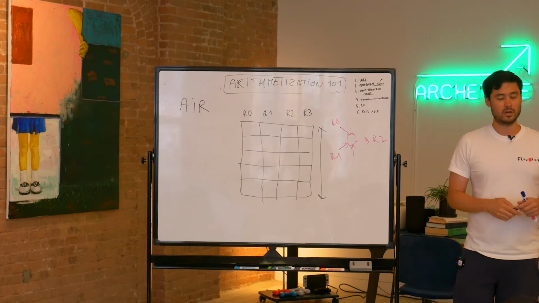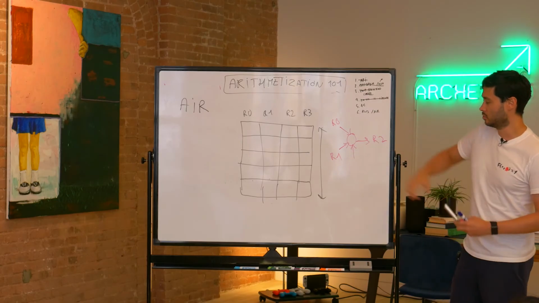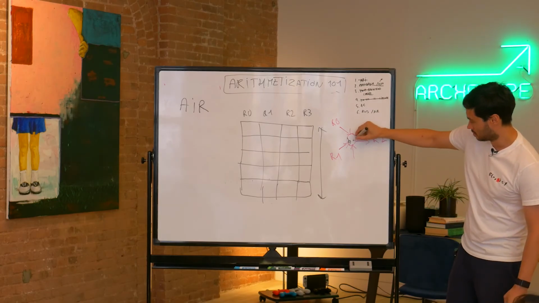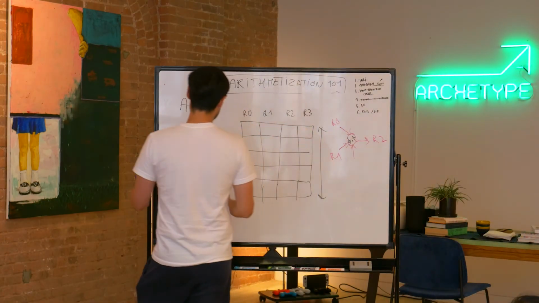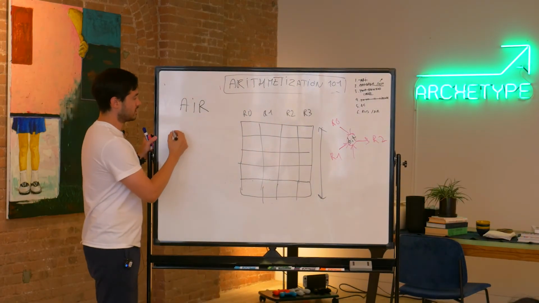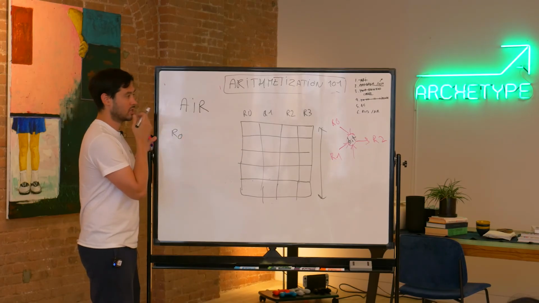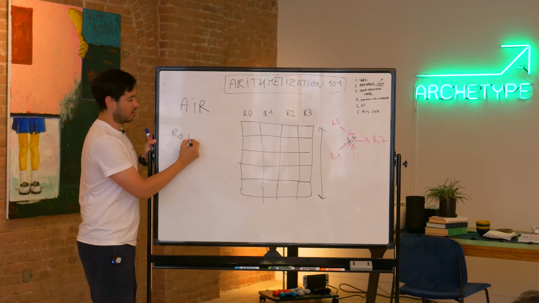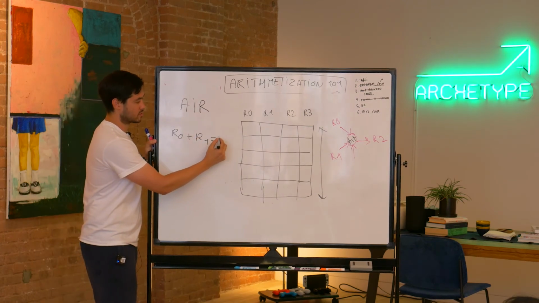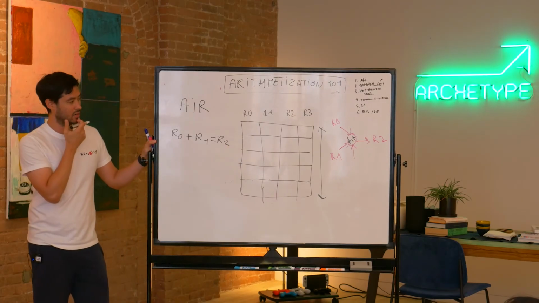In AIR, maybe we can still use the bit constraints, but actually, let me use a very simple gate. I'm going to do an addition gate. You could say R0 plus R1 equals R2. I don't know why I didn't use that gate earlier, because that's easier.